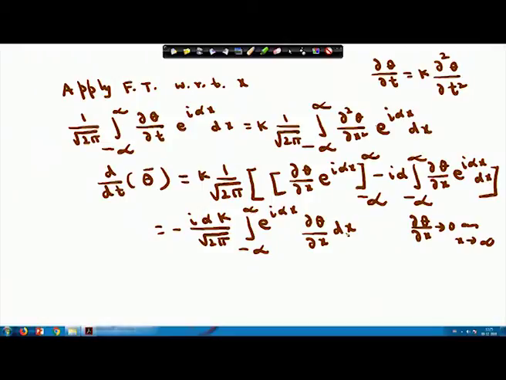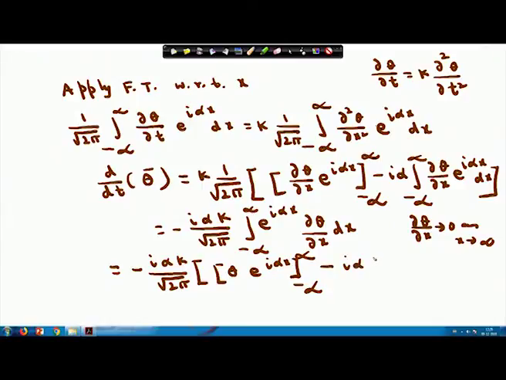And again, if you evaluate the integral, you will obtain this equals minus iαk by root 2π into, here it will be θ into e^(iαx) from minus infinity to infinity, minus iα into the integral from minus infinity to infinity, where ∂θ/∂x gives θ into e^(iαx) dx.